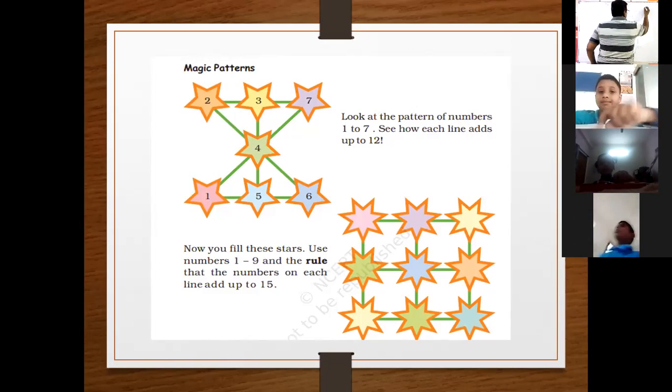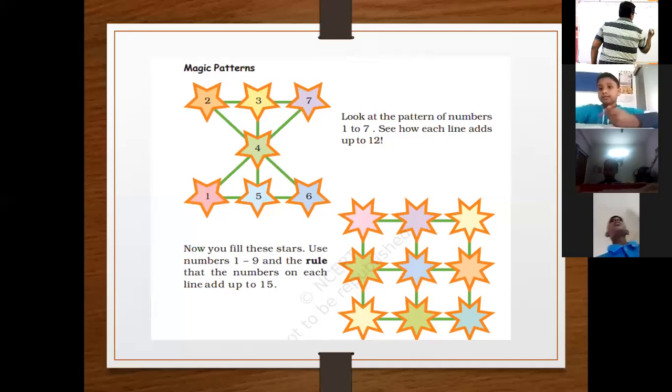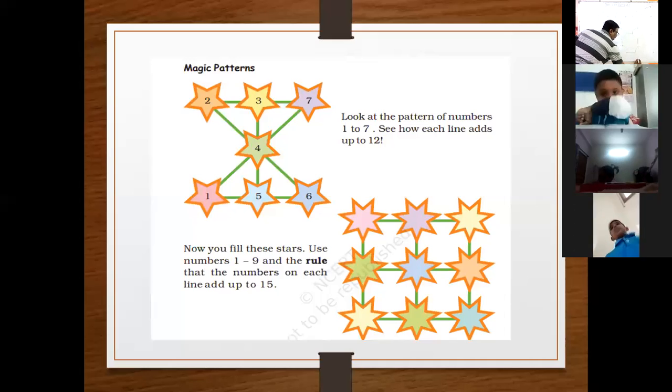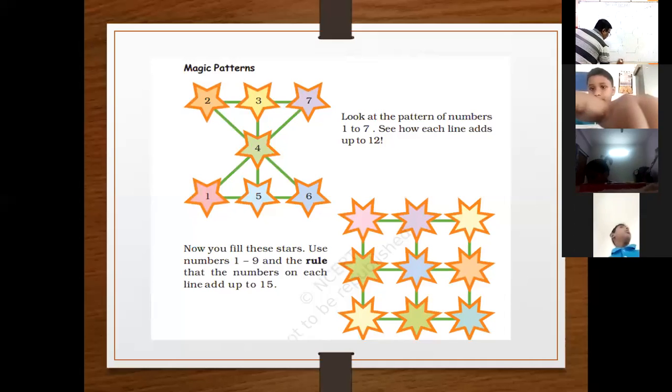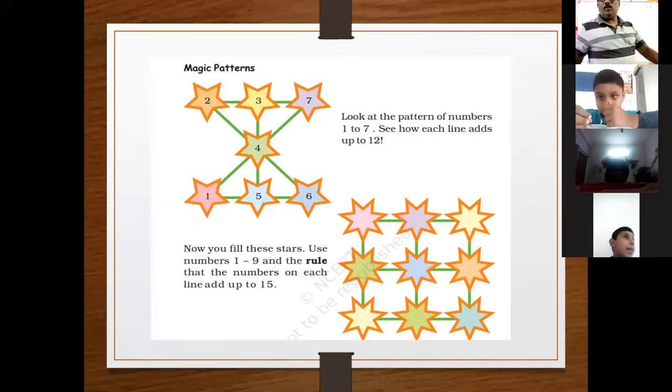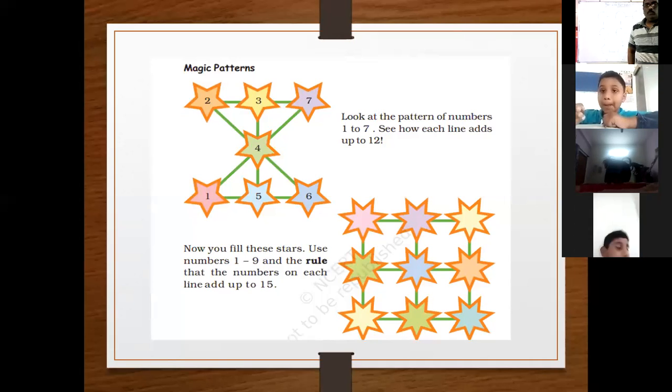What are the numbers to be taken? 1 to 9 you have to take. Total should be 15, and we should not repeat the numbers. Total should be 15. Okay, try.